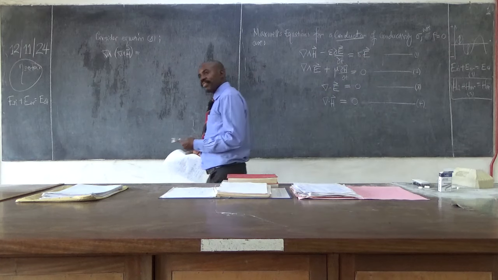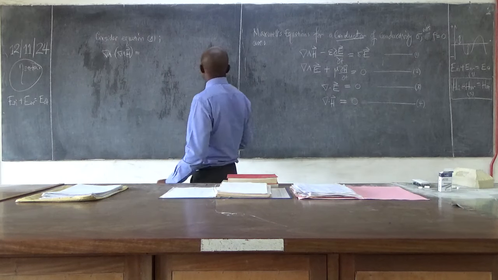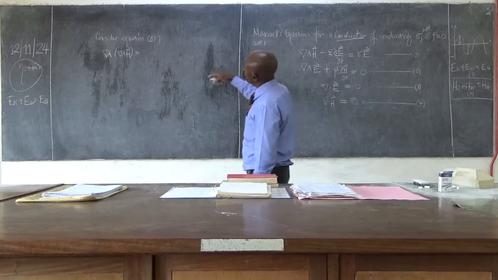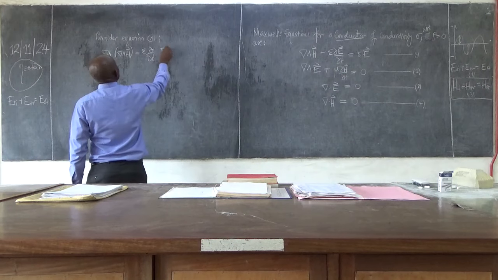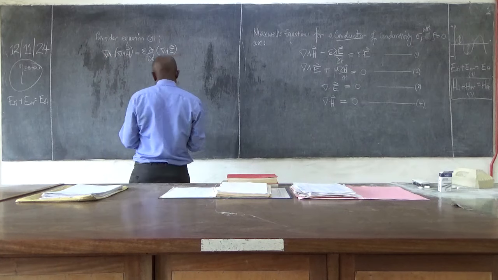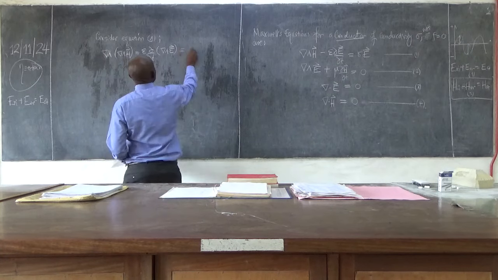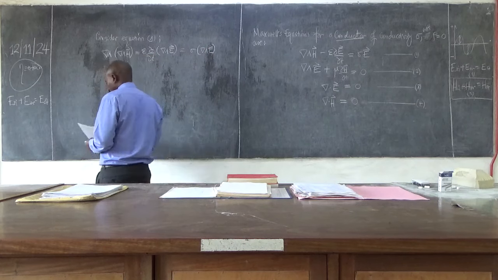Are you okay with that? So if we take the curl of this, it would be minus epsilon ∂/∂t of the curl of E, and then it should be equal to sigma times the curl. I will not waste too much time here.